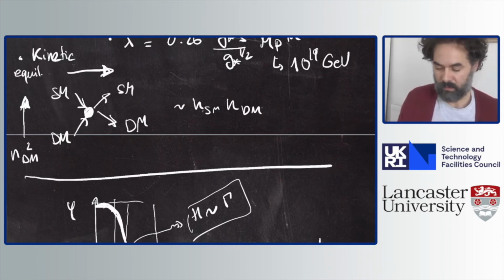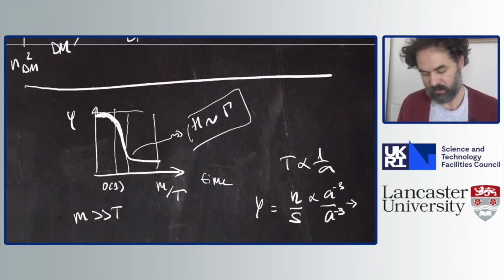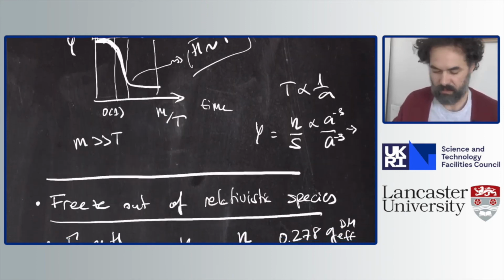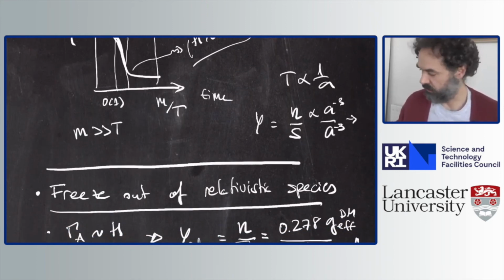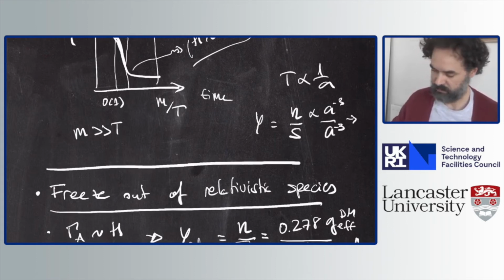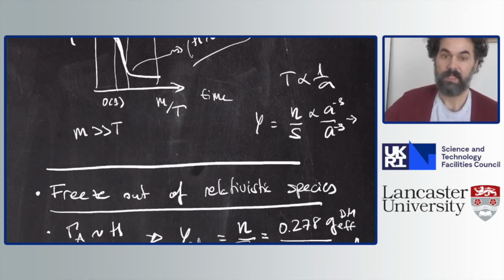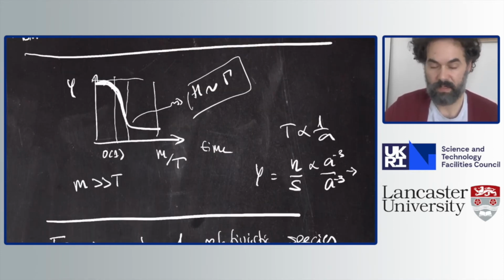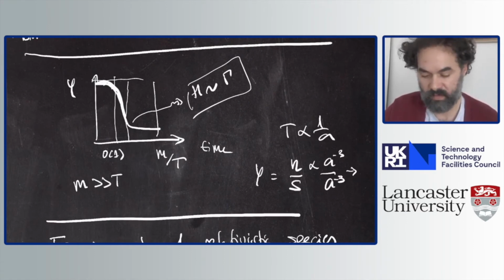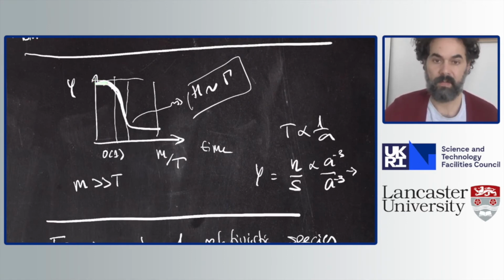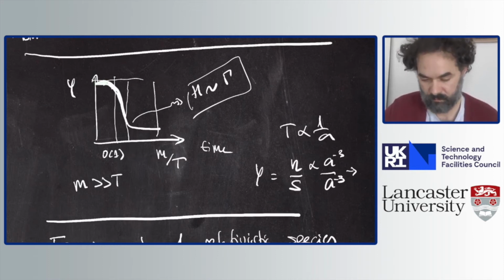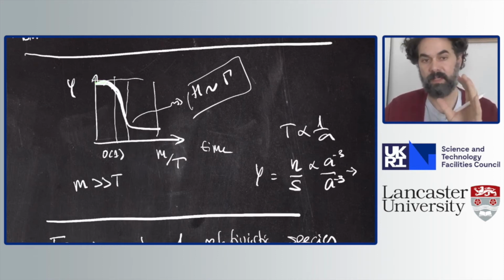So once we have this equation, we want to understand its different regimes. How does the typical yield as a function of time or as a function of temperature look like? Where I have this, yeah, in my notes here. The typical yield as a function of time has this shape. First, at early times, it is constant because nothing is happening. The universe is just expanding.